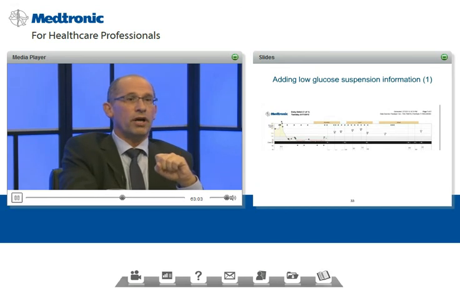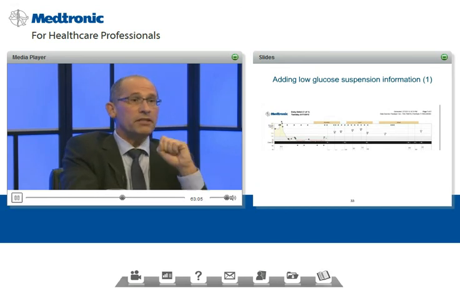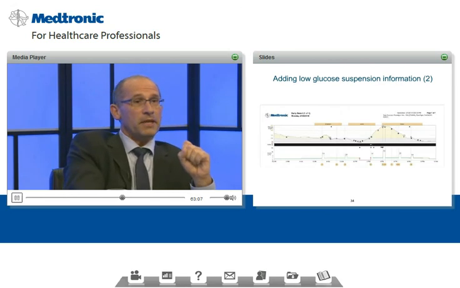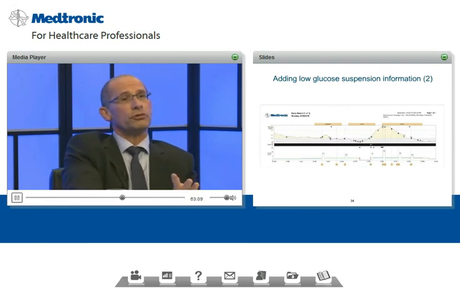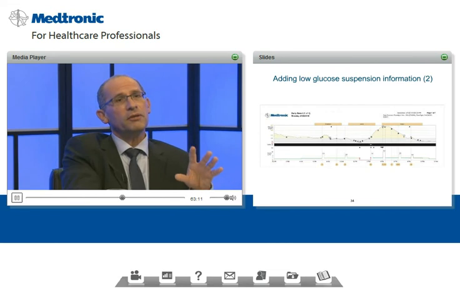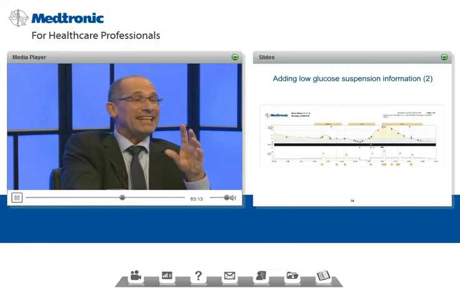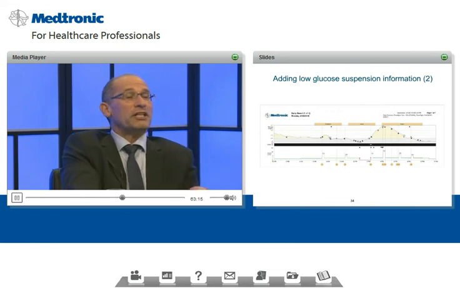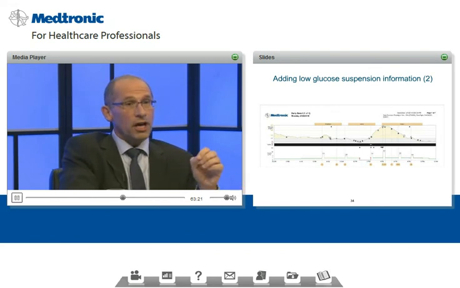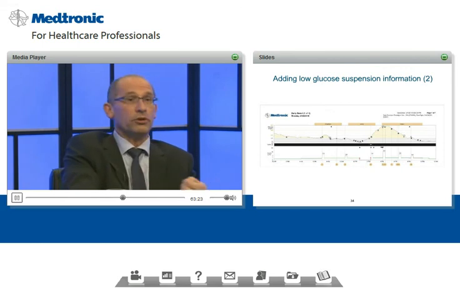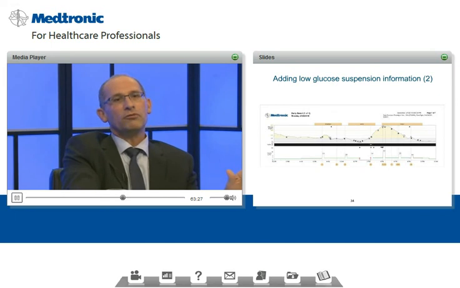This is to show him that actually the low glucose suspension probably prevented a very severe hypoglycemia in this patient. While looking at another patient, this is a patient that during the daytime, his blood glucose reached the threshold, shut down the pump, but he didn't do anything. In this case, the patient liked the idea that the pump is taking care of hypoglycemia instead of just taking care of the hypoglycemia, ingesting carbohydrates, or doing whatever we teach them to do in hypoglycemia, but he let the pump be shut down, and only later he ate a big snack and so on, and he overshot the hypoglycemia.